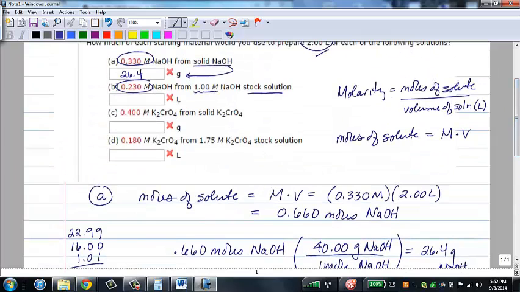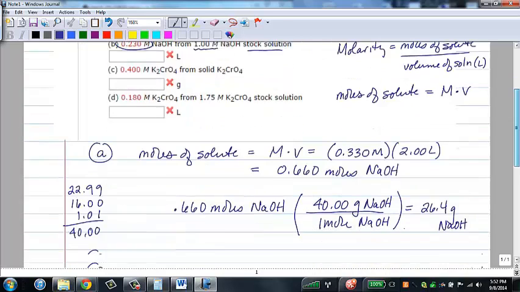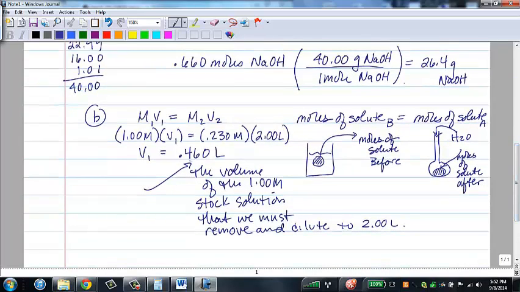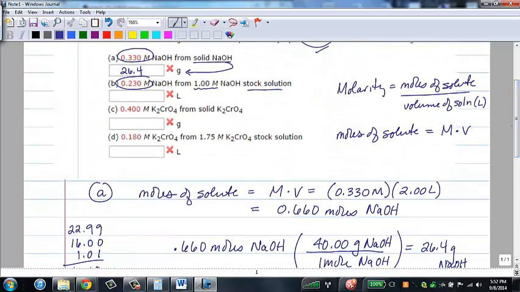You see the needed units are liters, so I will enter 0.460.